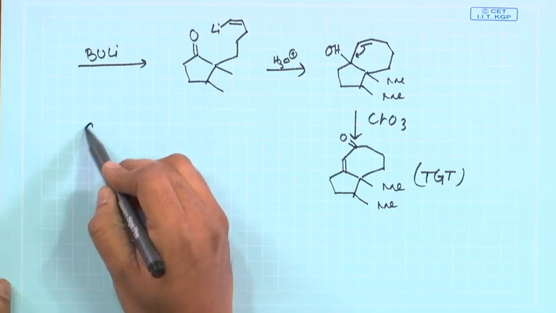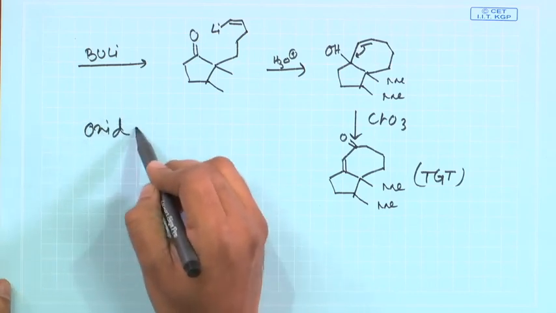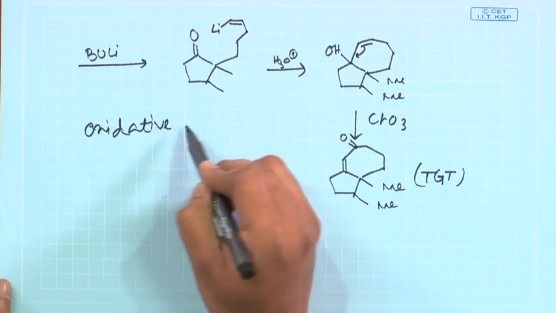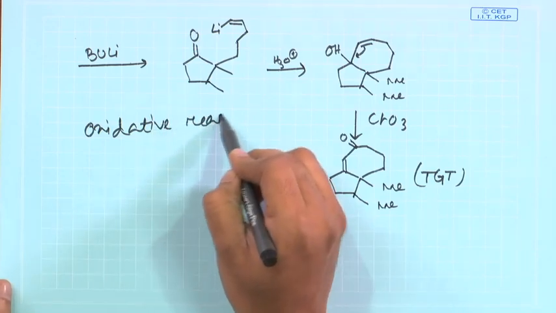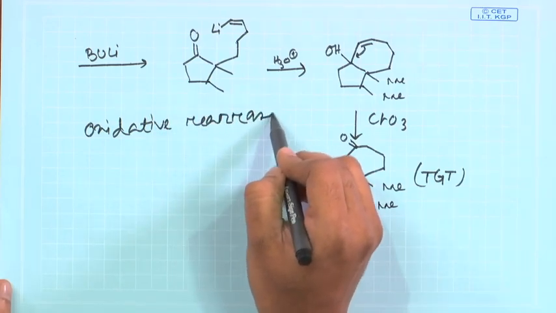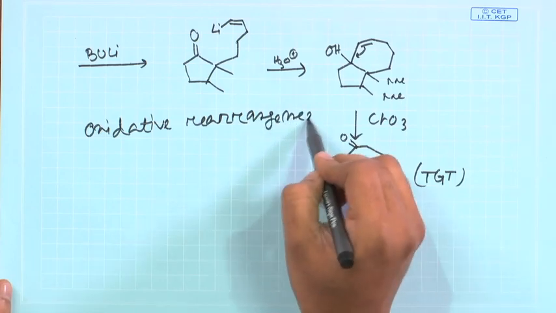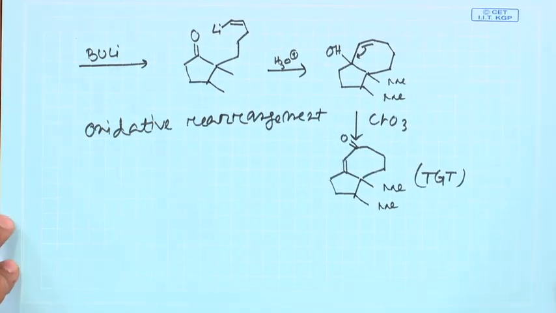So, I call this an oxidative rearrangement, and this is the Babler oxidation which we are discussing. The Babler oxidation is a very useful reaction, and it can be done with extreme efficiency. So, a couple of new reactions we are getting familiar with.